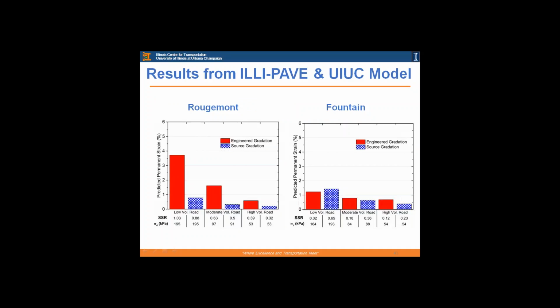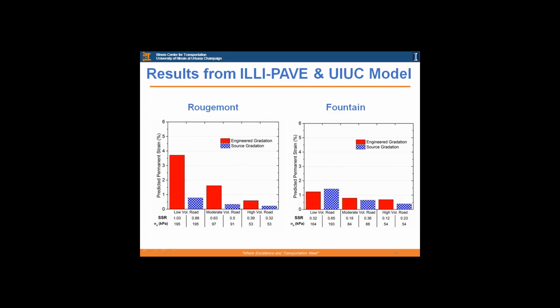So after running the example for the different materials, you will see that we get not only the rutting predictions in those materials at the low volume, moderate volume, and high volume roads, but we also get the shear stress ratios, which we calculated.